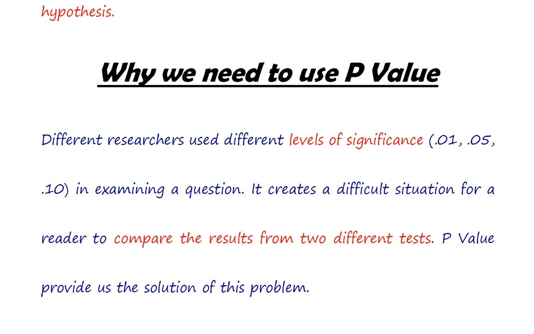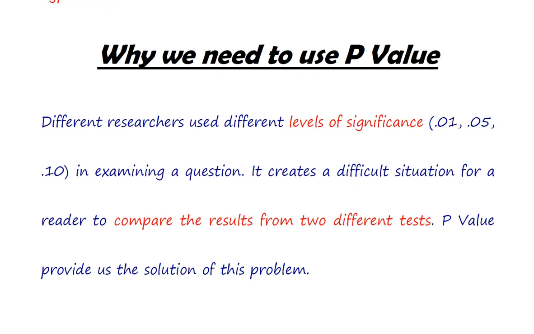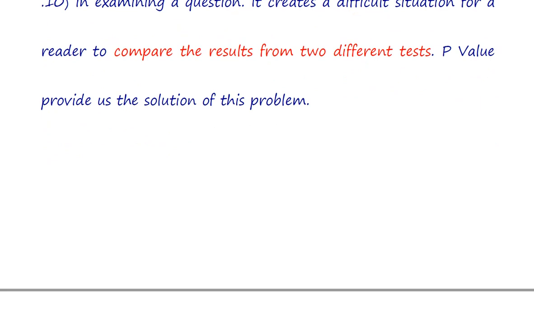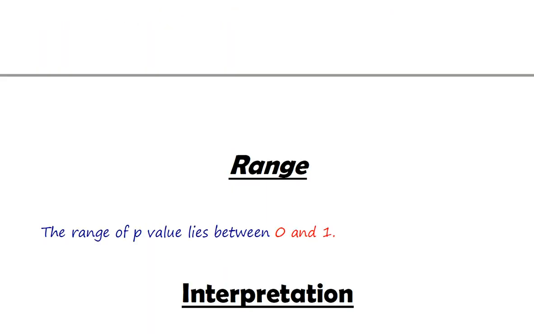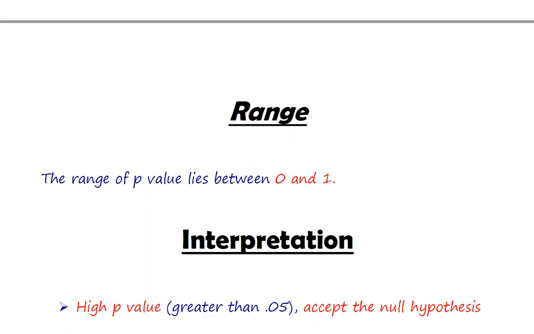So p-value solves this issue. P-value is a cutoff value which decides whether we choose null hypothesis or alternative hypothesis, and the comparison is easy on the basis of p-value, because we have one set of observation.